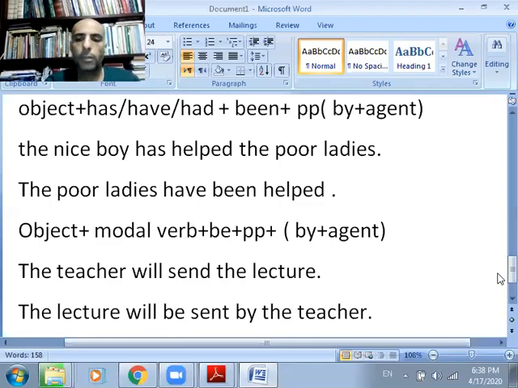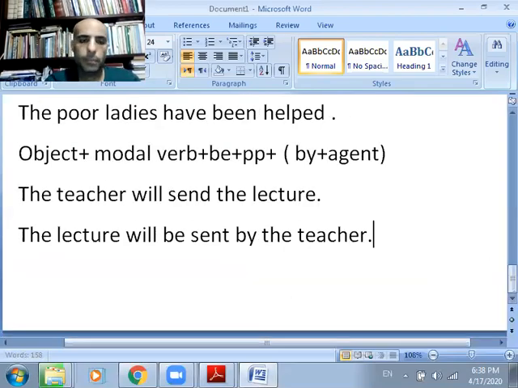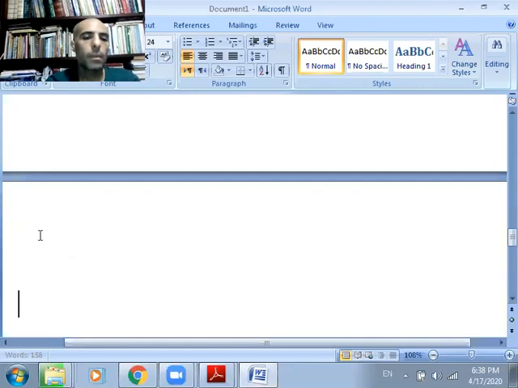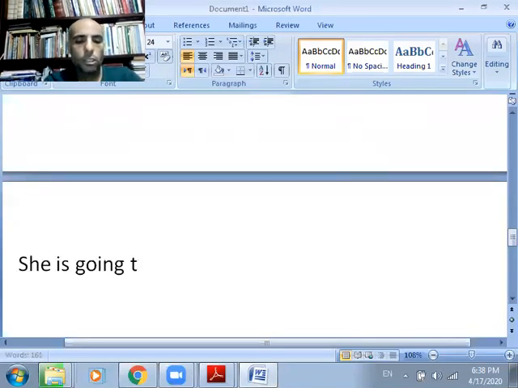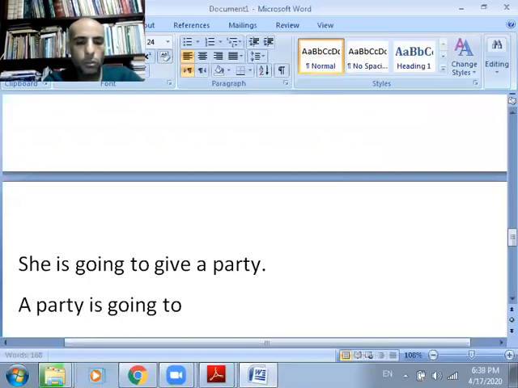Okay, another example. She is going to give a party. Okay, she's going to give a party, so a party is going to be given by her.